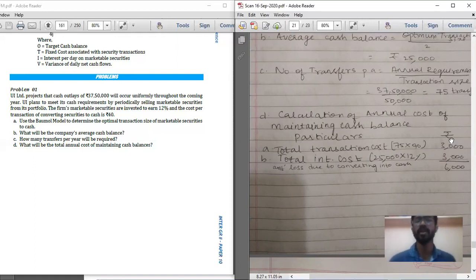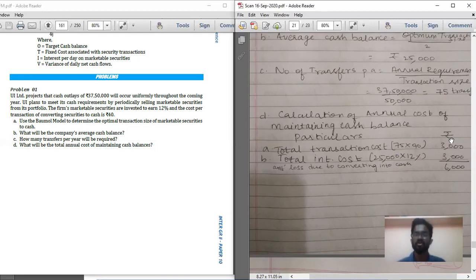Below that, small roman number b, total interest cost. Within bracket, 25,000 into 12%. What is this 25,000? You are losing interest on this 25,000 because you should maintain an average balance of 25,000.